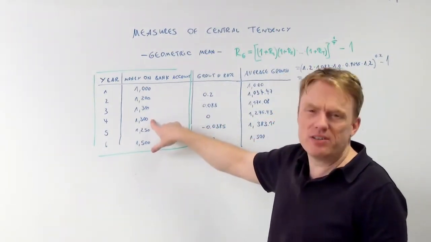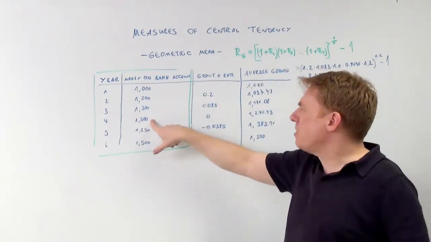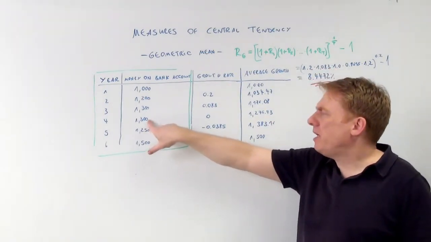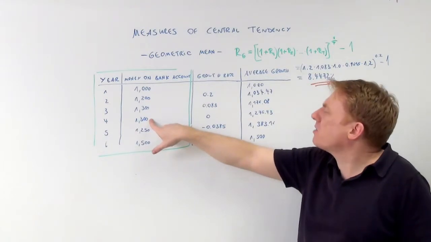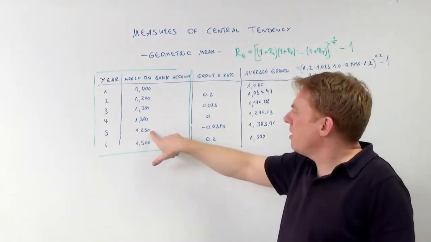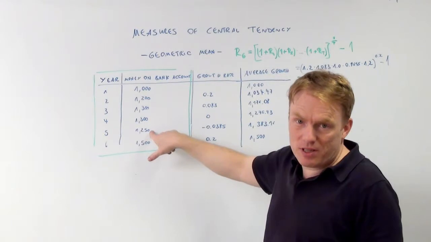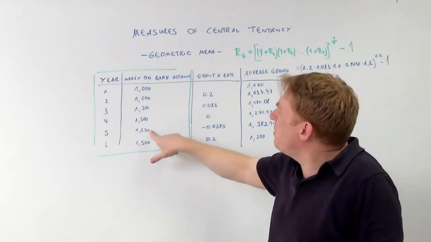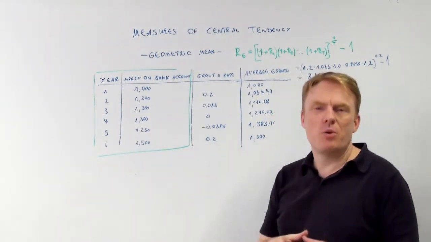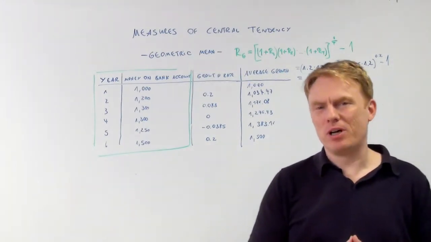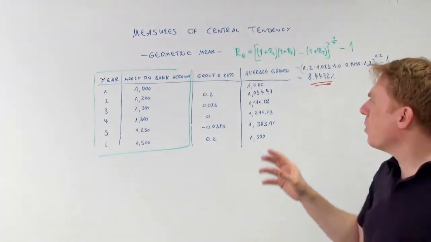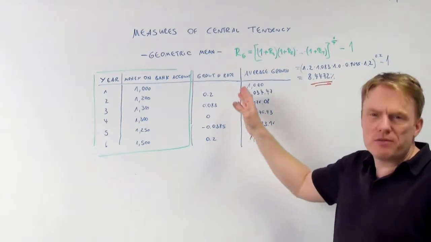In the next year, it hasn't moved up, so it's still $1,300. Then it became less, $1,250, and then $1,500 here on the bank account. Which means that we have different growth rates.